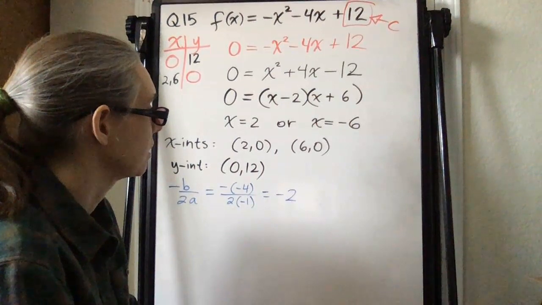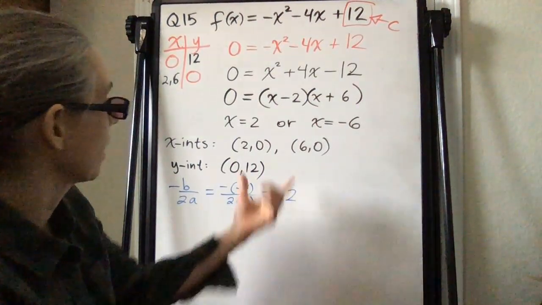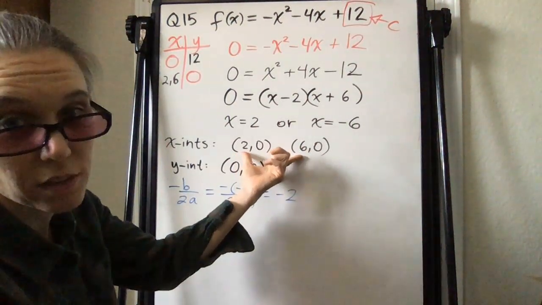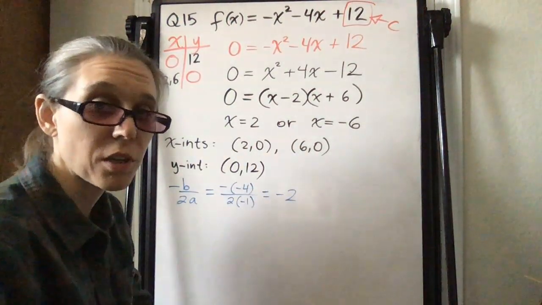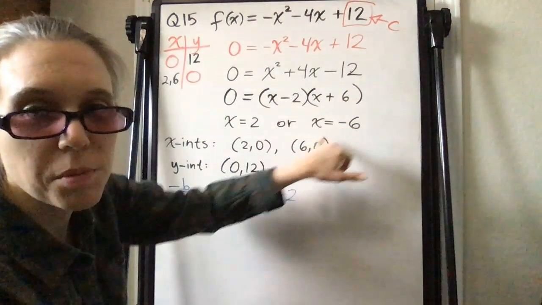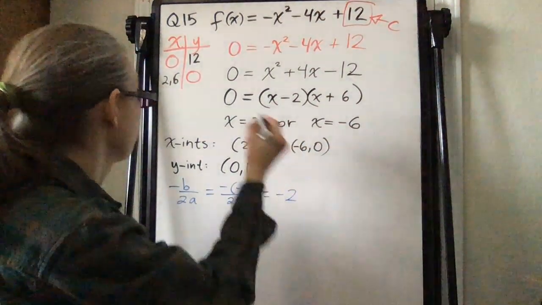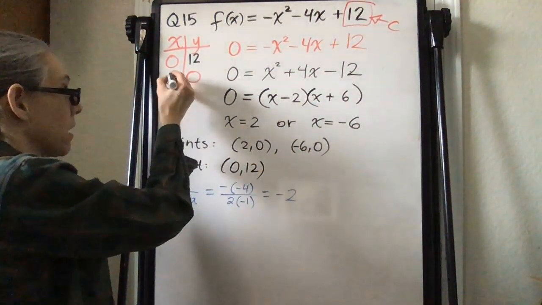Okay, this is where I realized I made a mistake. I cannot have negative 2 be halfway between 2 and 6. You may have already caught this mistake. Good for you. This negative is supposed to be here.